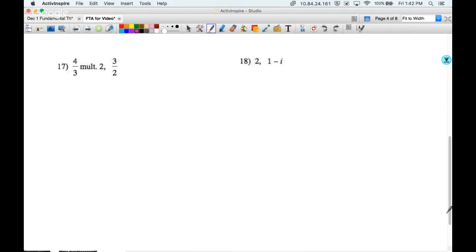I'll do one more. We'll do this one with fractions. For 18, don't forget to do a 1 plus i, but I won't solve that one. So I need to have the fraction 4/3 as a root, and I need to have it twice.